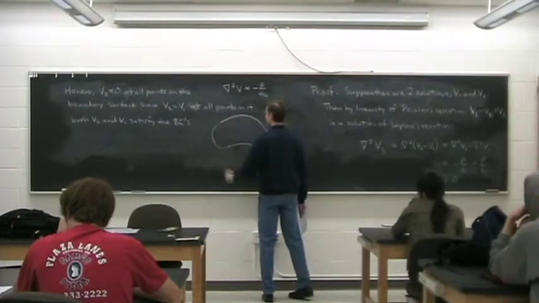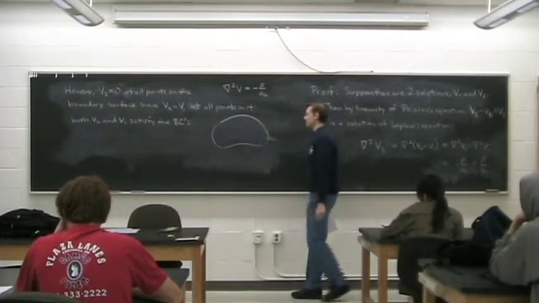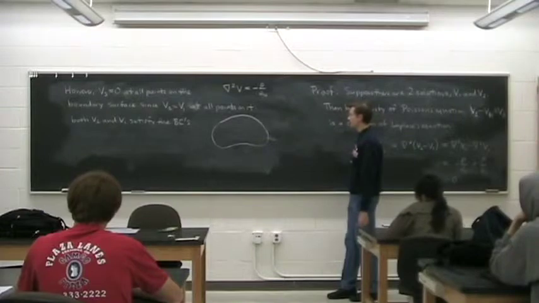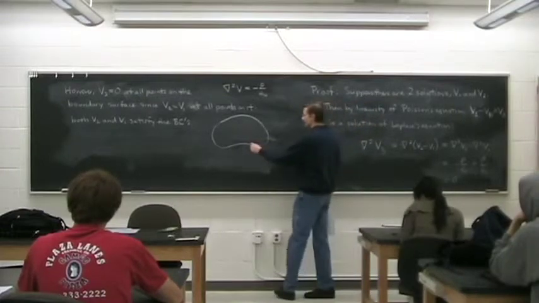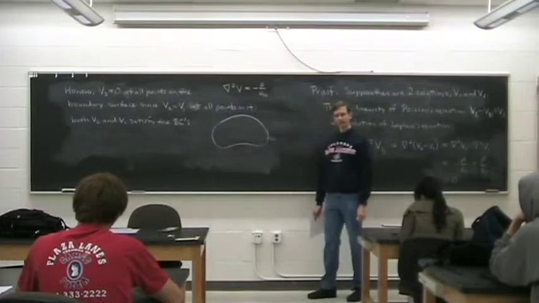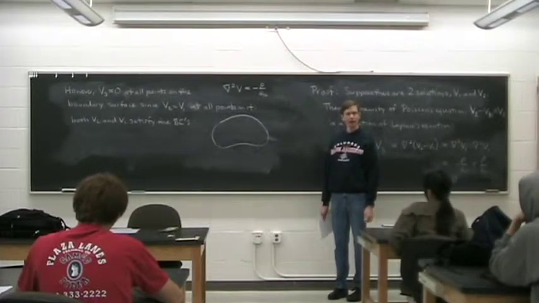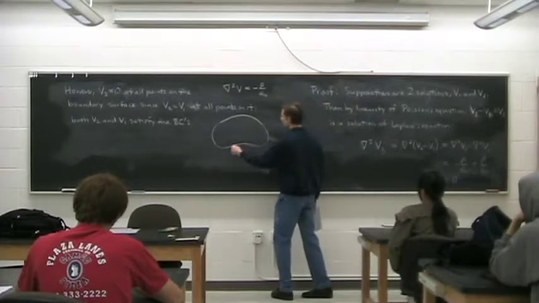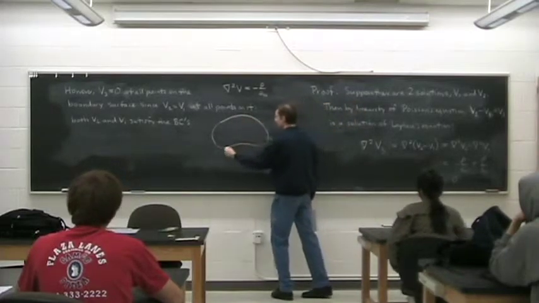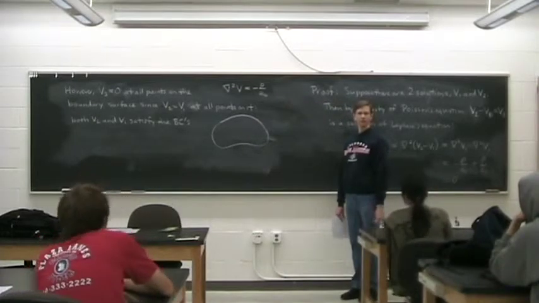So like if we had just a simple situation where here's the boundary surface, here's the region in between, and I want to solve the Poisson equation, I'm saying I know what V is at every point on the boundary. So if V2 and V1 are both solutions of Poisson equations with those boundary conditions, then V2 and V1 both equal that specified function on this boundary, and so their difference has to be 0 everywhere on the boundary.